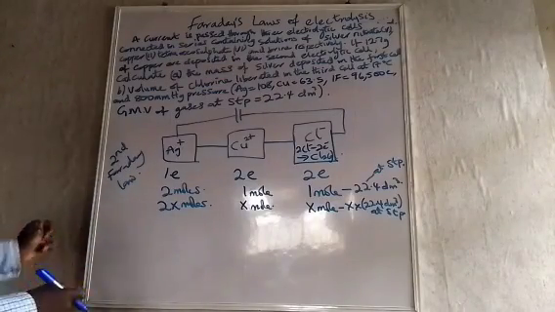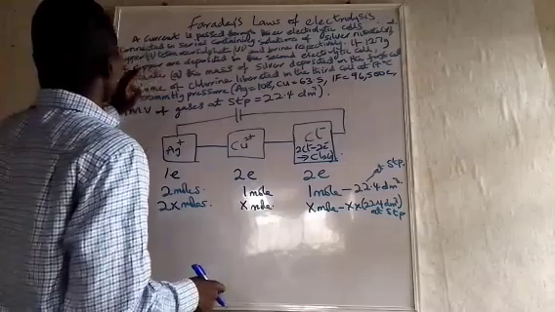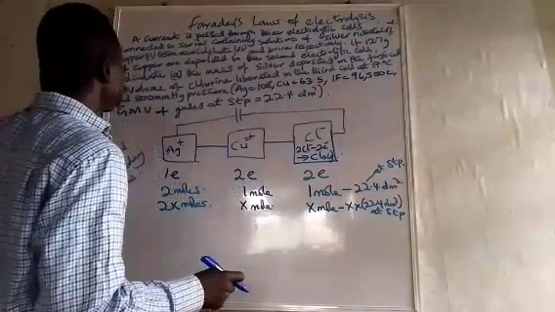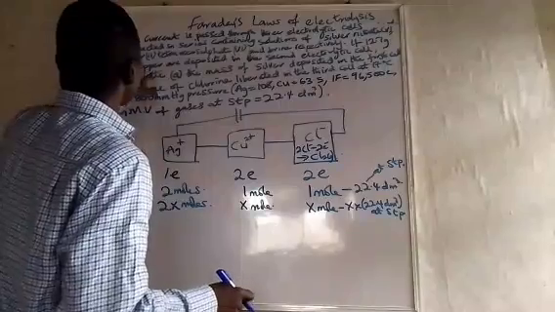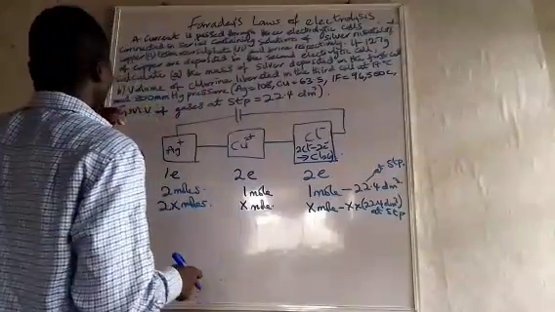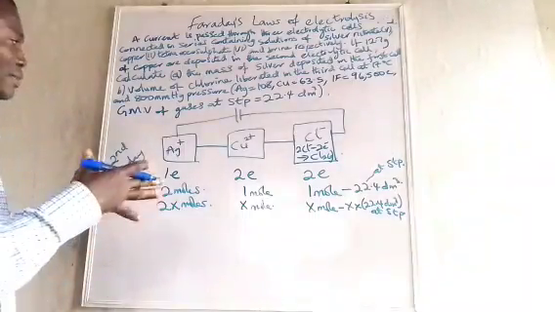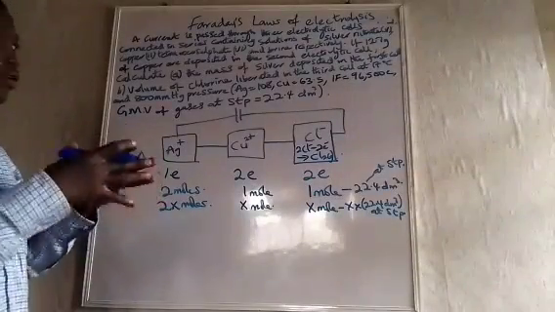Now let's look at it. It says, if 12.7 grams of copper are deposited in the second electrolytic cell, calculate the mass. So let's first of all calculate the mole of copper deposited.